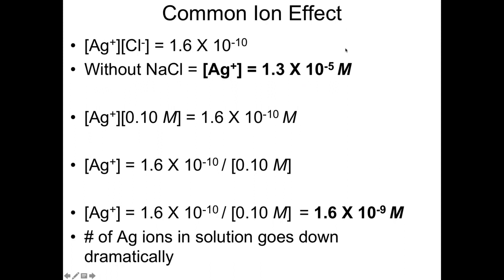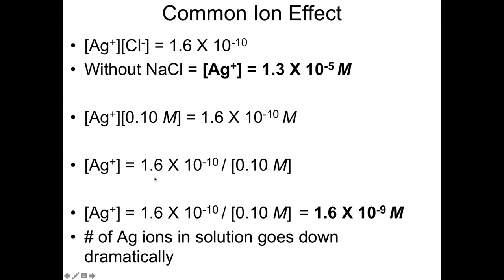If you look at this equation again, without the added NaCl, the concentration of Ag would be 1.3 times 10 to the negative 5th. But now Ag is what we're trying to find, and the concentration of Cl is 0.10, and that's going to equal the KSP.